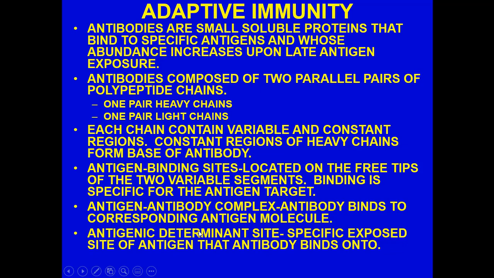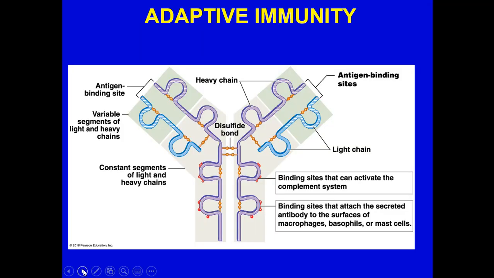And an antigenic determinant site is the specific exposed site of the antigen that the antibody binds to. What am I saying? Look, up here is the antigen binding site. So part of it's composed of the light chain, part of it's composed of the heavy chain. Right around in this area, this is going to be parts that are pretty much the same. They're not going to be variable, they're constant. These up here are variable.